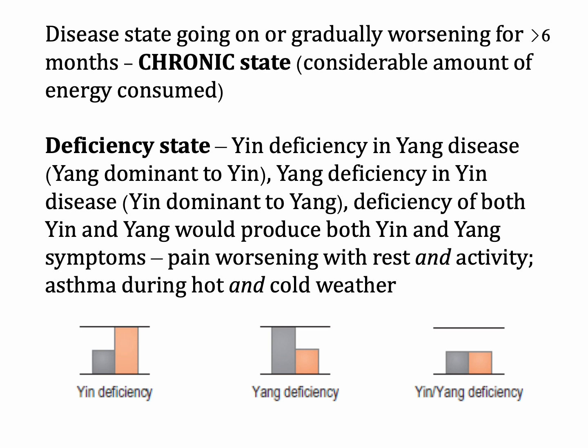Therefore, a deficiency state, which is yin deficiency in yin disease, yang dominant to yin, yang deficiency in yin disease, yin dominant to yang, deficiency of both yin and yang would produce both yin and yang symptoms. Pain worsening with rest and activity, asthma during hot and cold weather. These three imbalances are illustrated below.